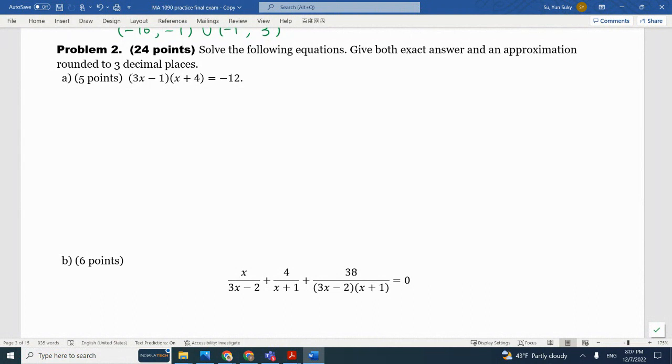Okay, so here, wow, this is a quadratic equation. So what we do is expand it. Do you see the right hand side is not 0, it's -12.